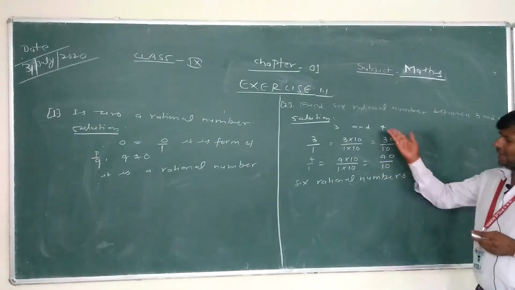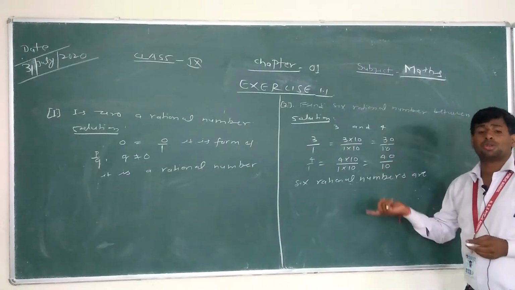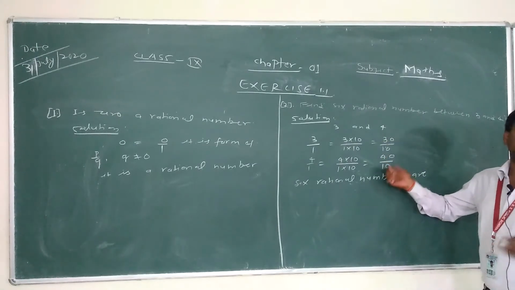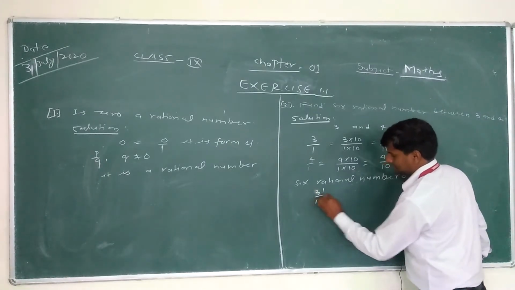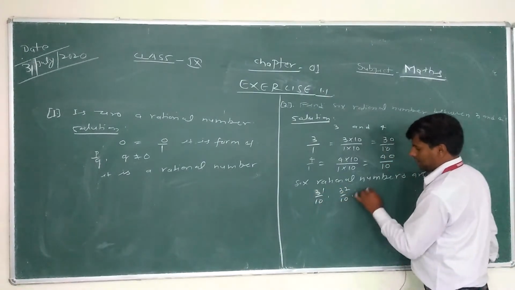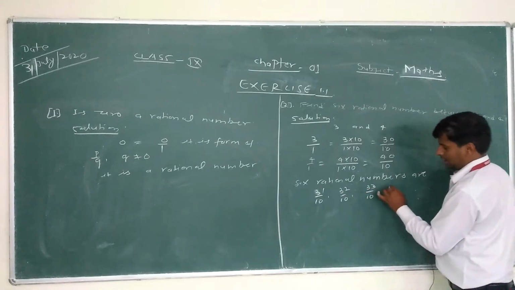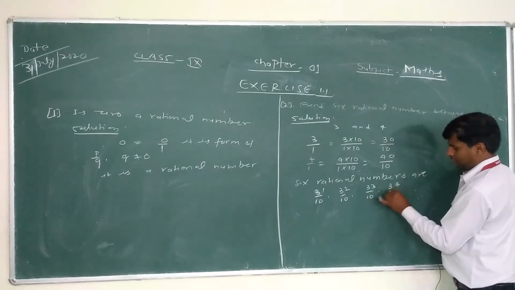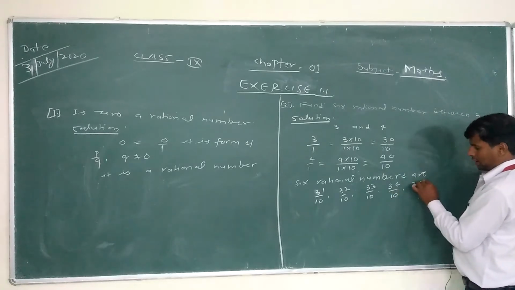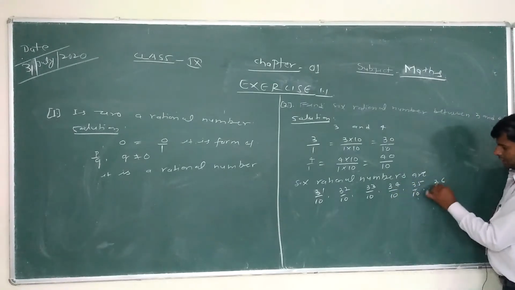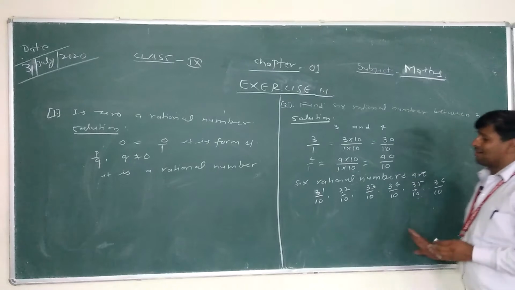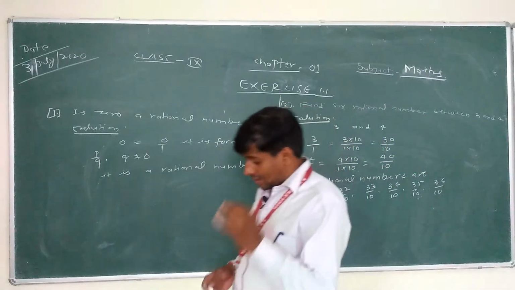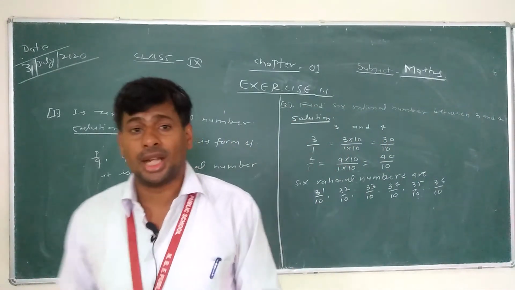You can write any 6 numbers between 30 and 40 with the same denominator, like 31 by 10, 32 by 10, 33 by 10, 34 by 10, 35 by 10 and 36 by 10, because our aim is to find only 6 rational numbers. So these are the required 6 rational numbers between 3 and 4.